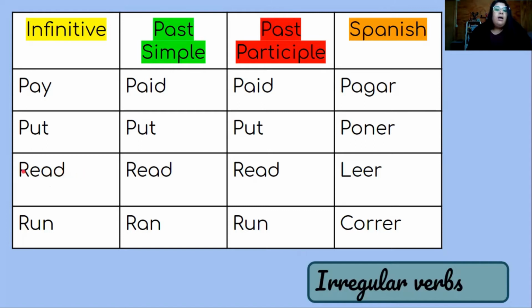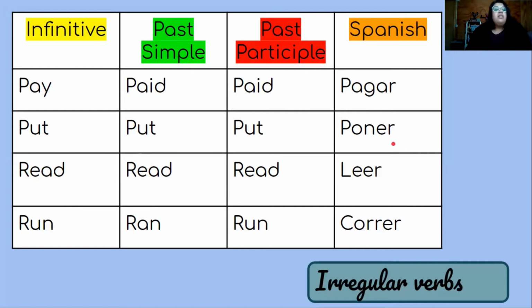R-E-A-D. But you will not pronounce it in the same way. Ya, se escribe igual, pero no lo vamos a pronunciar igual. Entonces vamos a decir read, then read. ¿Ok? Vamos a hacer como que esta A no existe. Entonces, read, read. Y esto es leer.